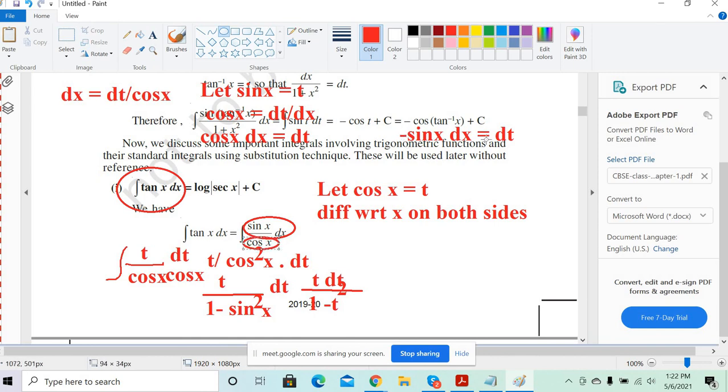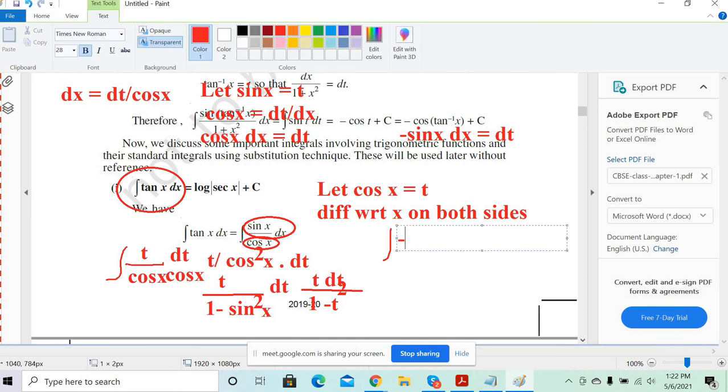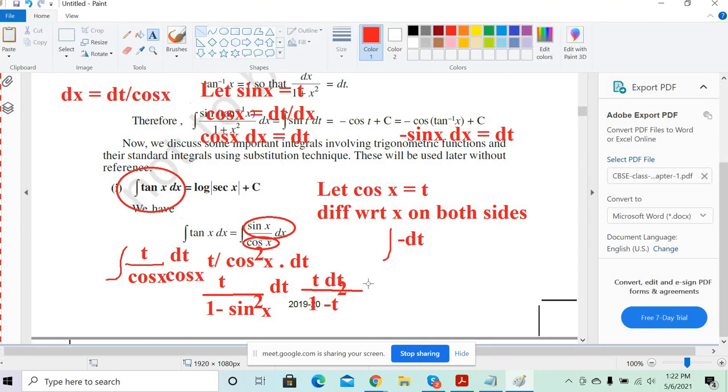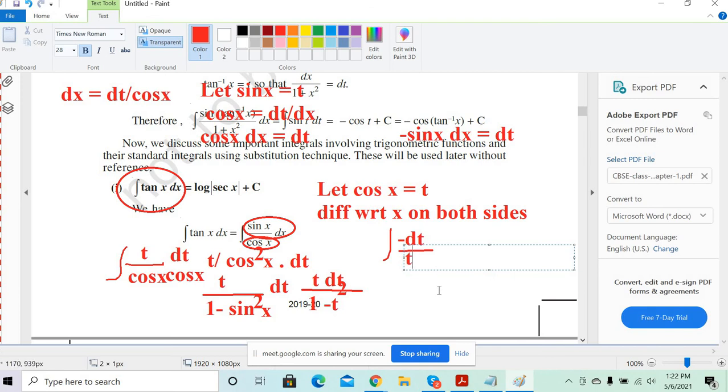The minus sign is there, so it becomes minus dt. Look at this now, the integration becomes very simple. This becomes minus dt by t, correct?